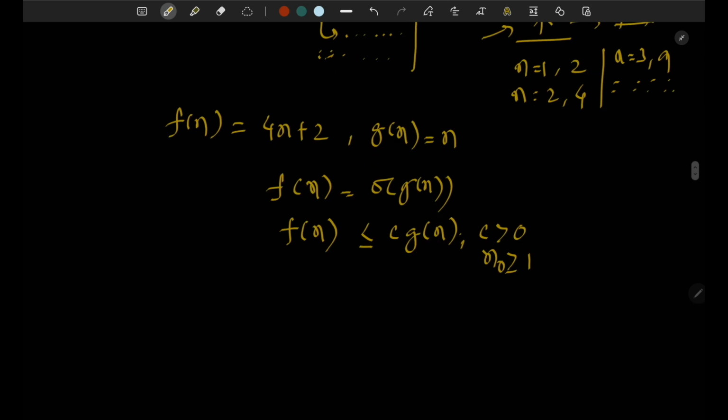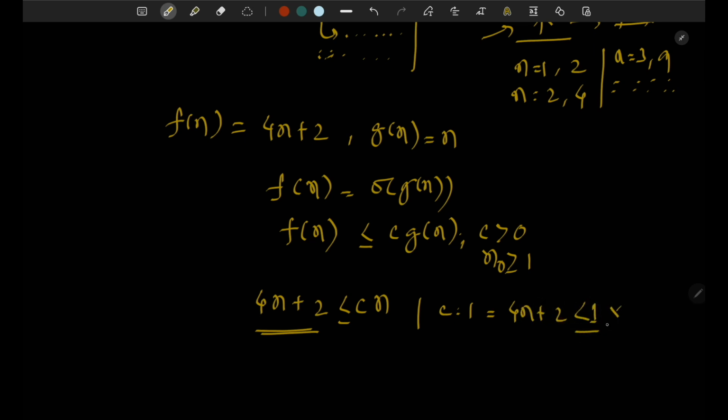So let's start by putting in certain values. For example, we have 4n plus 2 and here we have cn. Then for what kind of c could I have c times n greater than or equal to this side? So if I put c as 1, then what I have is 4n plus 2 and 1n.